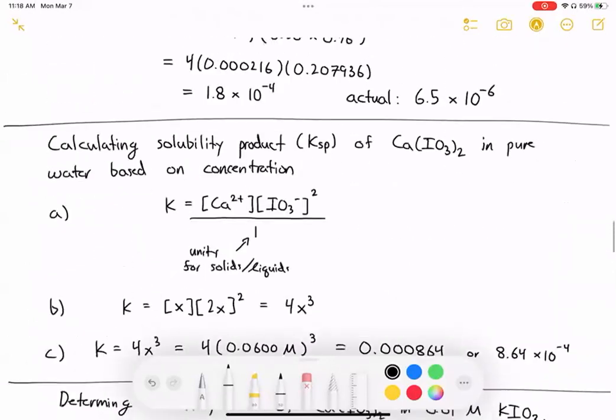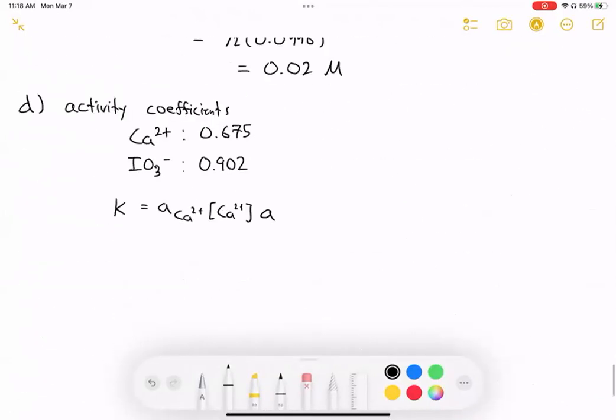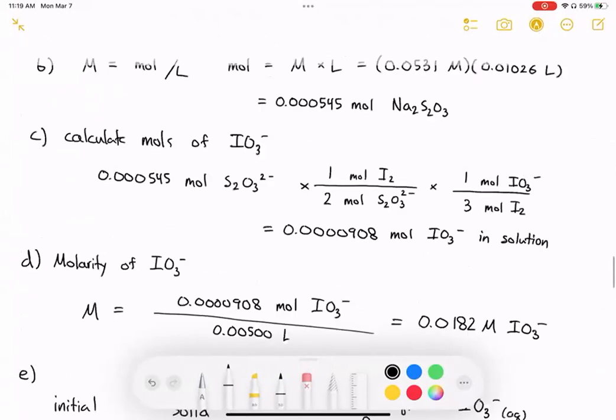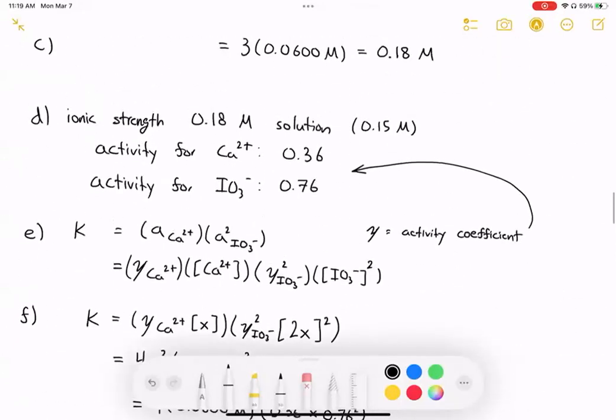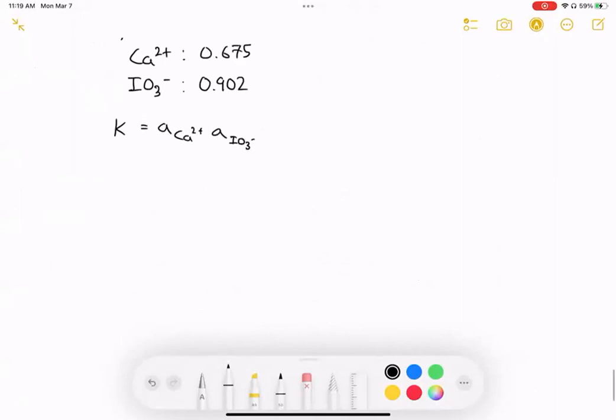If we go back here, we said it was the activity of calcium and the activity of iodate. And then I believe we don't put the squared term until after. Oh, no, we do put the squared term. My apologies. Squared here.